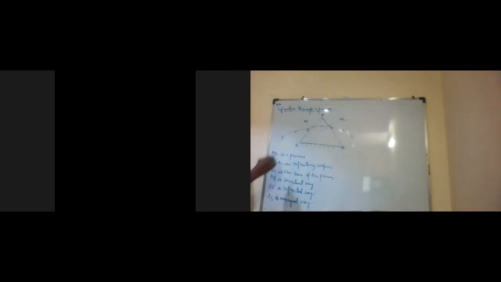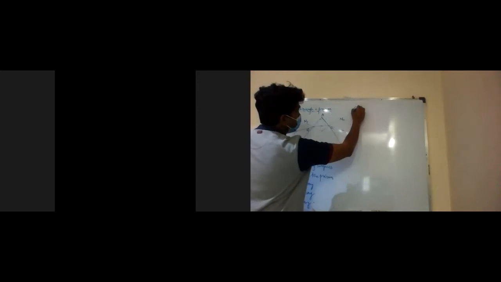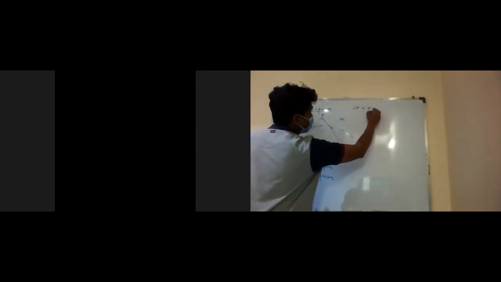Here, angle A is said to be the angle of prism. Now, this is the angle of incidence, R1 and R2 are the angles of refraction, and this is the angle of emergence.